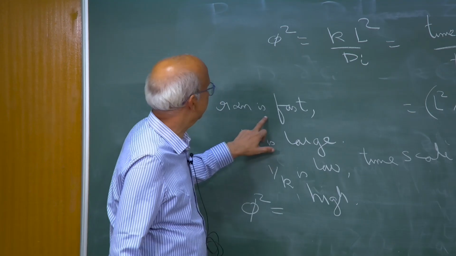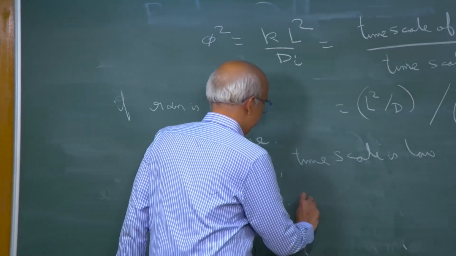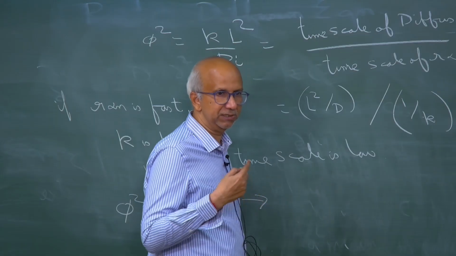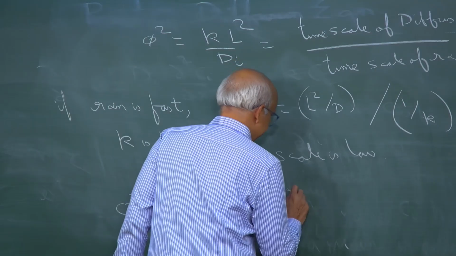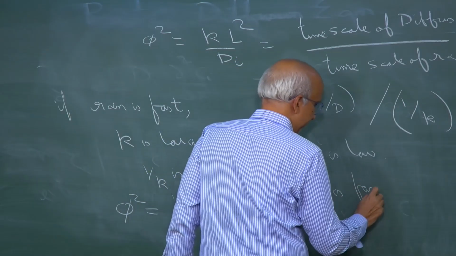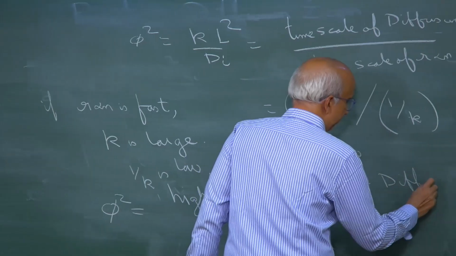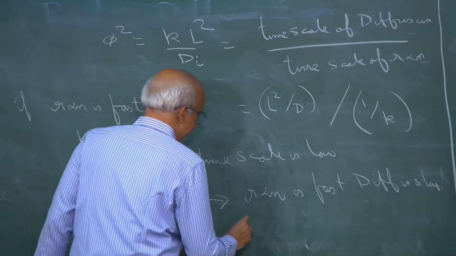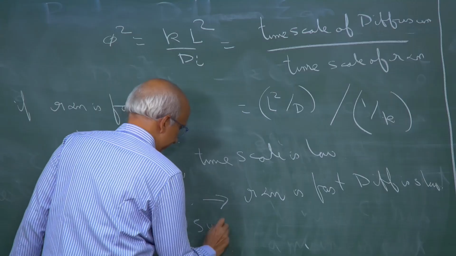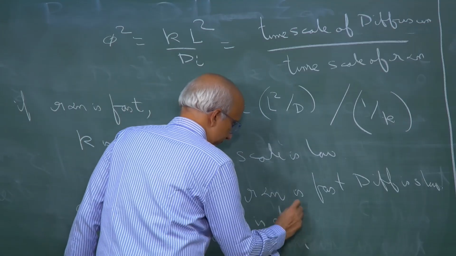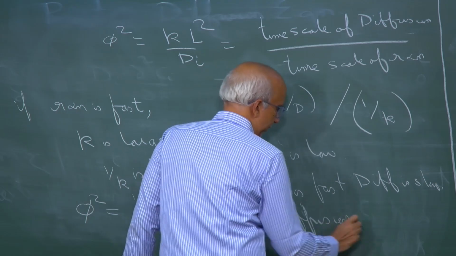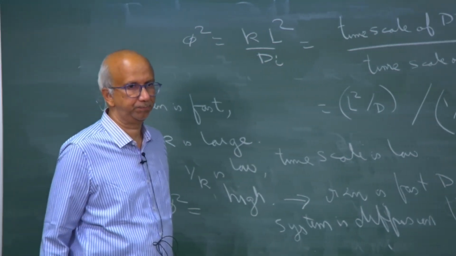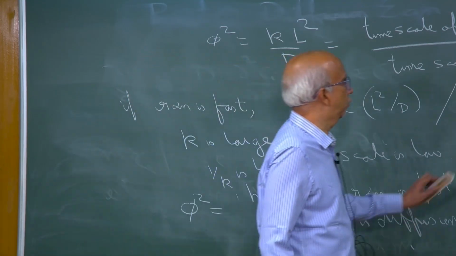So, if K is very high, phi is high, and that means reaction rate is high, diffusion is slow, and the process is diffusion limited. Okay. Reaction is fast, diffusion is slow, okay, and system is diffusion limited. Okay. So, the diffusion is slow and the reaction is fast.